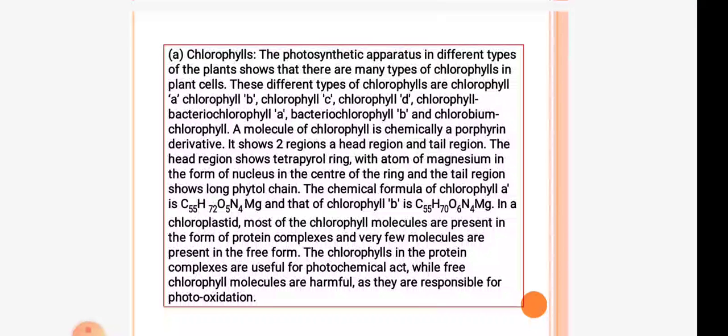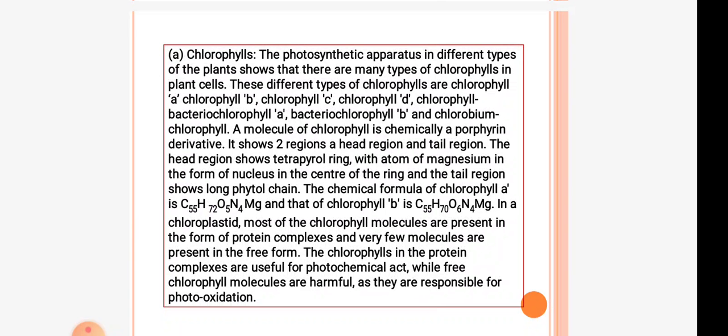The chemical formula of chlorophyll A is C55H72O5N4Mg and chlorophyll B is C55H70O6N4Mg.